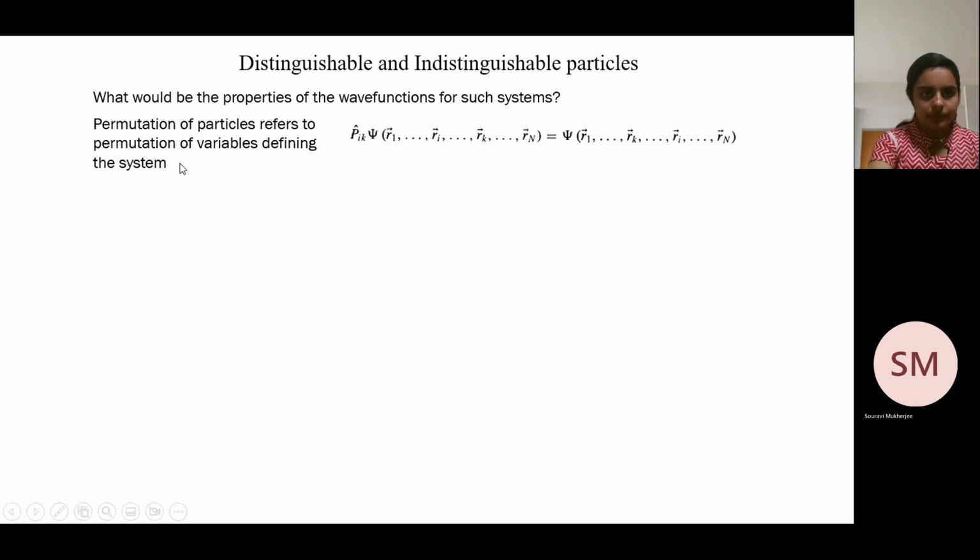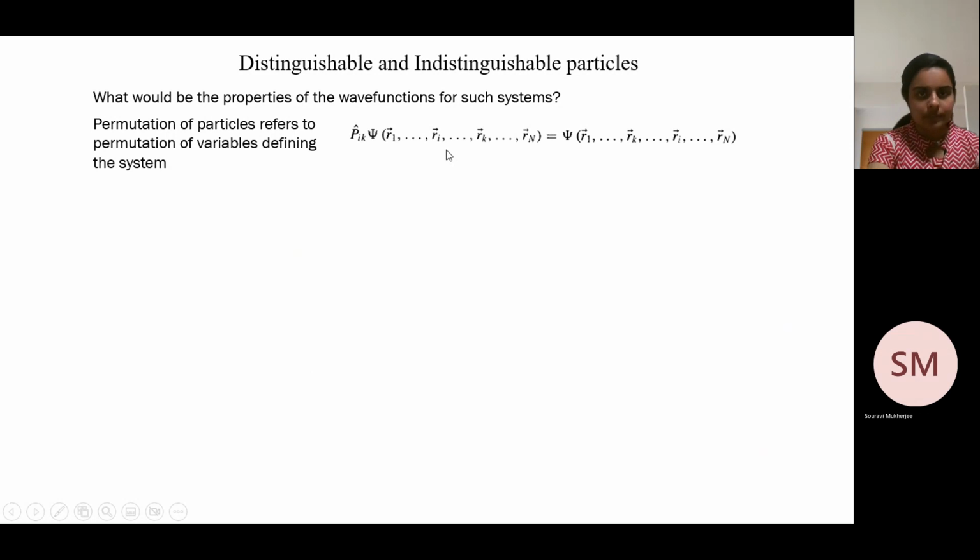Suppose you have distinguishable particles. We just showed that permutation of particles refers to permutation of variables defining the system. Suppose this is how you are defining your system: you have n particles and you are defining the system by the positions of the n particles, r1, r2, up to rn, which are the variables defining your wave function.